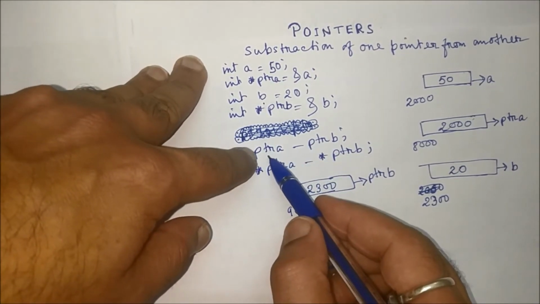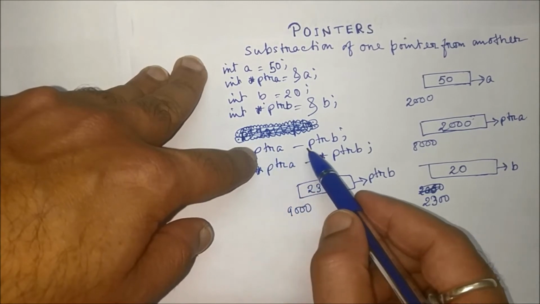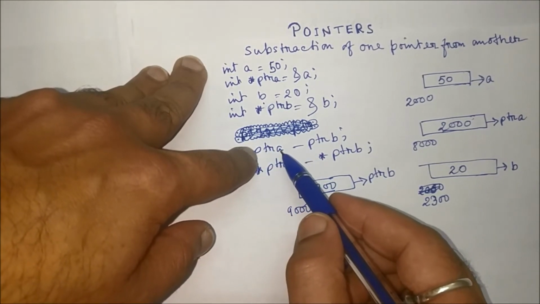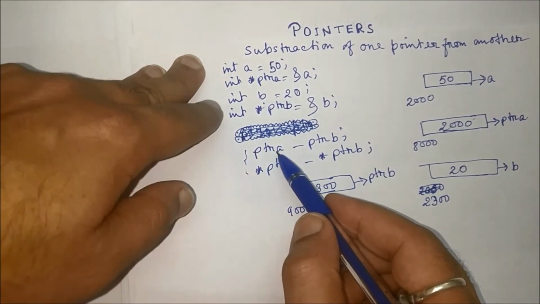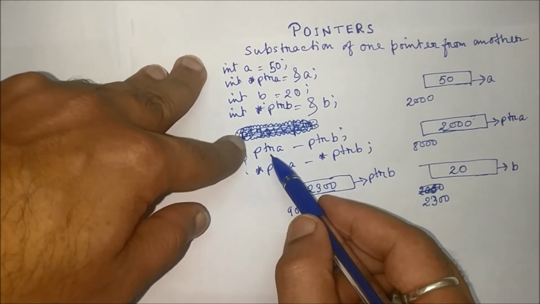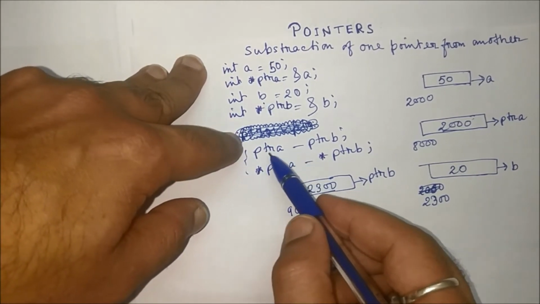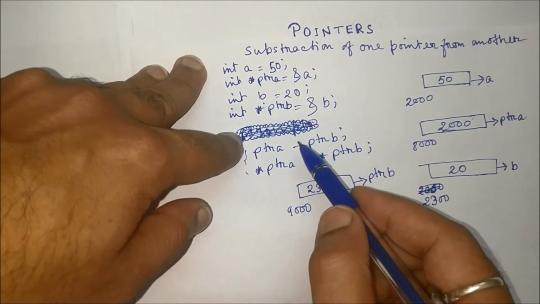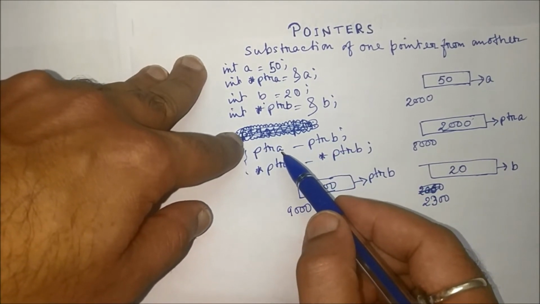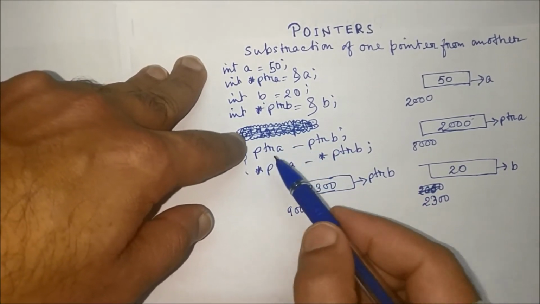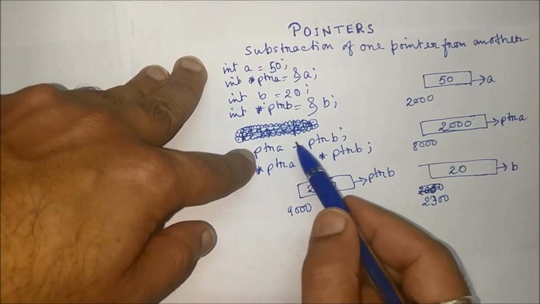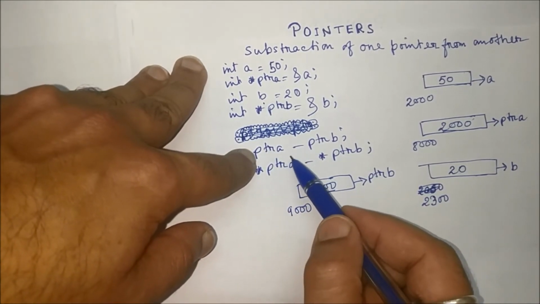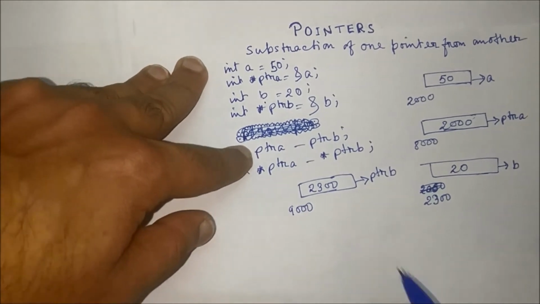You cannot perform this operation between an integer pointer and a character pointer, because that will throw a compilation error. Subtraction can be performed on pointer variables of the similar data type.